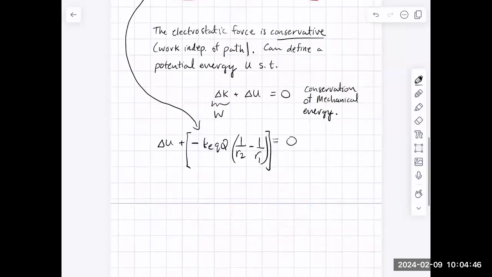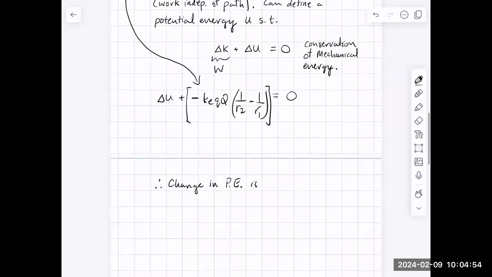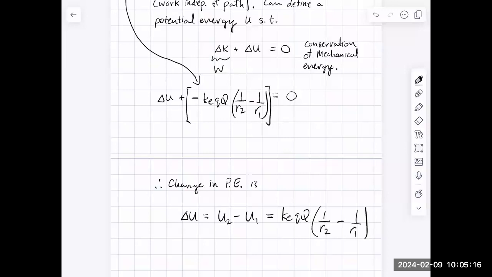And so therefore, we can say the change in potential energy, delta U, which is the potential energy at the final position 2 minus the potential energy at the initial position 1, would have to be equal to, well, we just take everything and move it to the right-hand side: k_e Q q, 1 over R2 minus 1 over R1. Okay, and so what we can see is that there's two terms on the left side and on the right side.